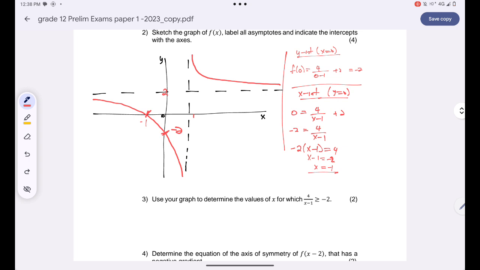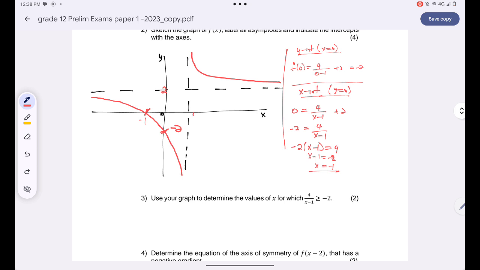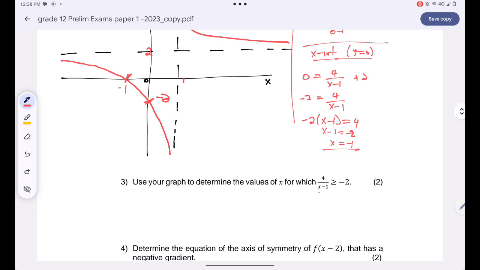Then I'm supposed to use the graph to determine the values of x for which this statement is true. 4 over x minus 1 being greater or equal to negative 2 can be written as 4 over x minus 1 plus 2 is greater or equal to 0.